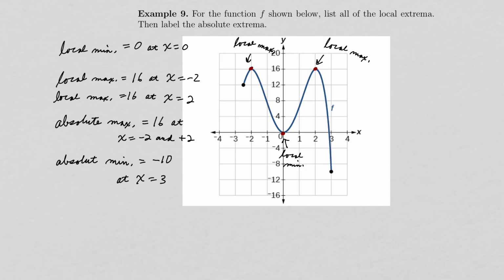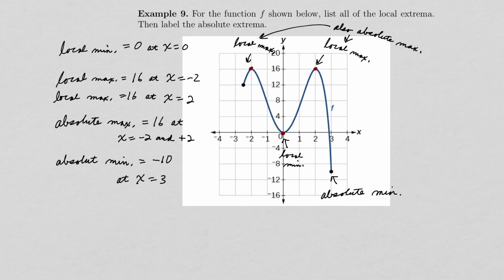So this point right here is an absolute minimum. And the ones up here are also absolute maximums, here and this one here too. Because they're both hills, so they're local maximums, and they also happen to be the highest value of the function, so they're also absolute maximums.